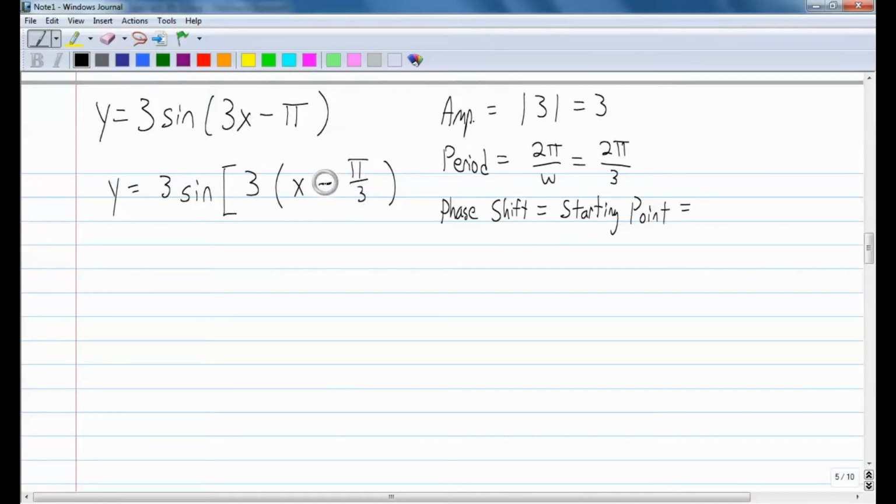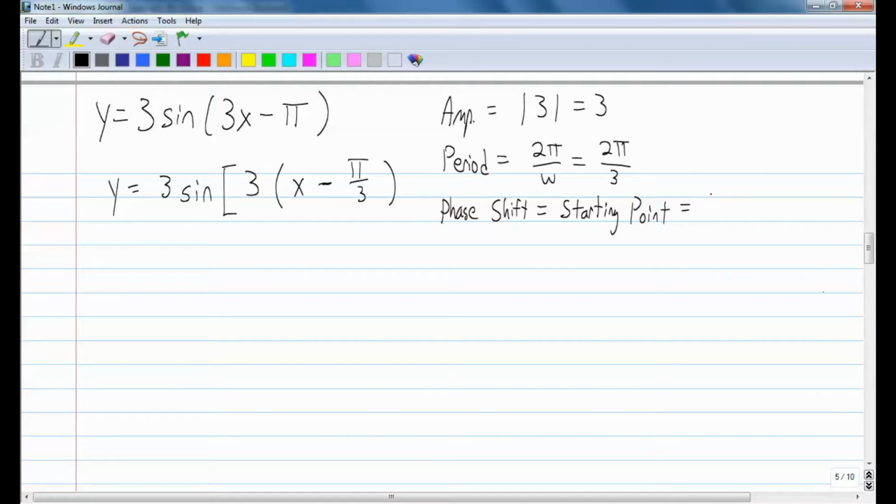You have to look at the sign in front of it though. If there's a negative sign, then it's going to be a positive phase shift. If it's positive, it will be a negative phase shift. So this is a positive phase shift. So this is going to shift the graph pi over 3 units to the right.